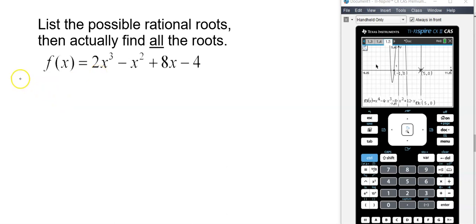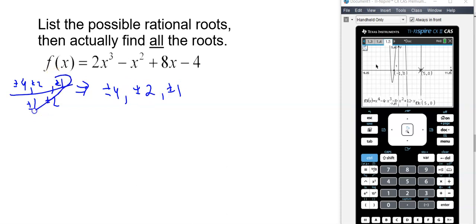For this one, 4, 2, and 1, all these are plus or minus. And then 2, that's plus or minus 1 and plus or minus 2. If I put that together, it's all those over 1. So that'd be plus or minus 4, plus or minus 2, and plus or minus 1.